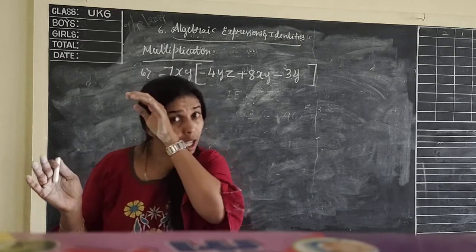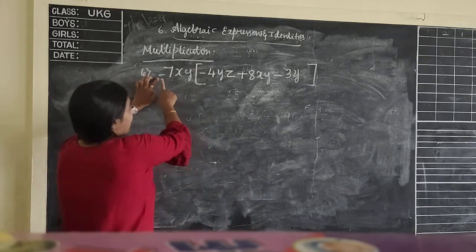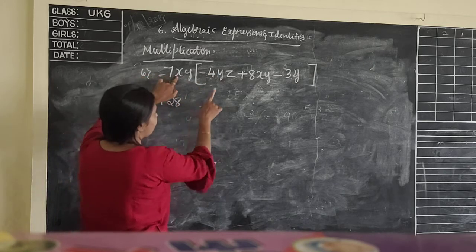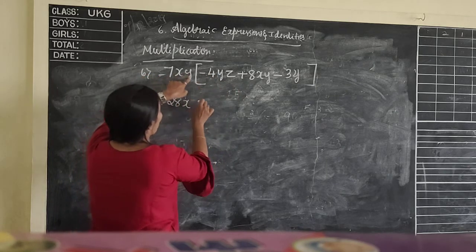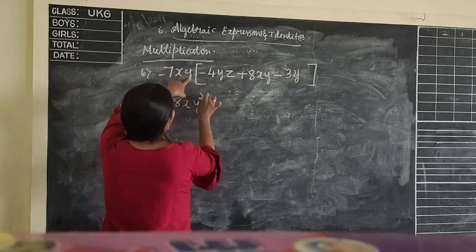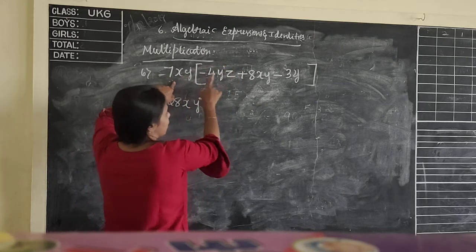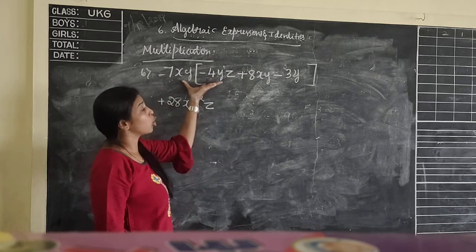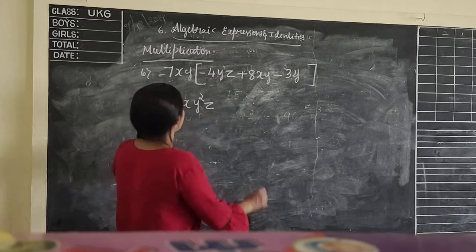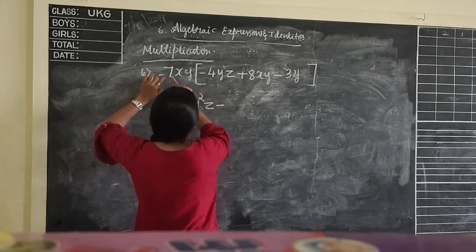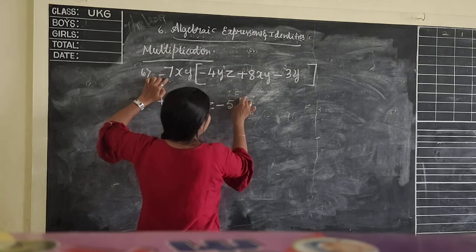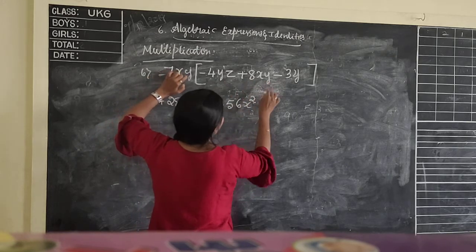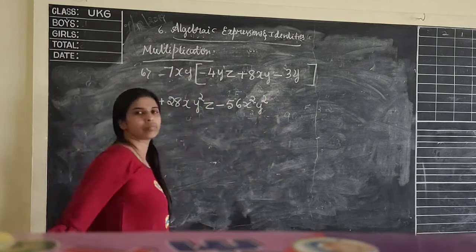Okay, that you remember every day. Minus into plus, 7 4s are 28. X not there. X y square, 1 and 1. Then in this finish, but in this one extra is there. You have to see both, all extras you have to write, don't leave. Minus. 7 8s are 56, correct now? X, y. Understood?